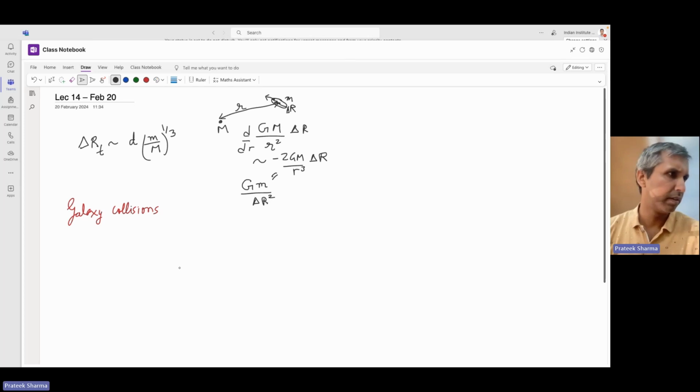You have a star of small mass m, and say there is a galaxy of mass M. There is a relative velocity between these two of capital V, and the impact.